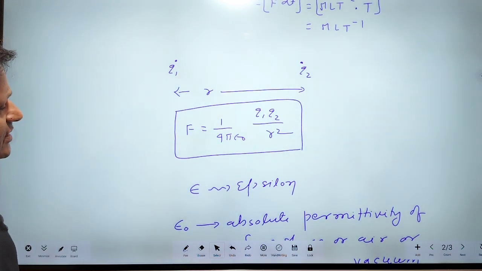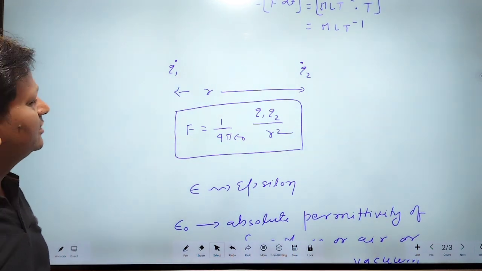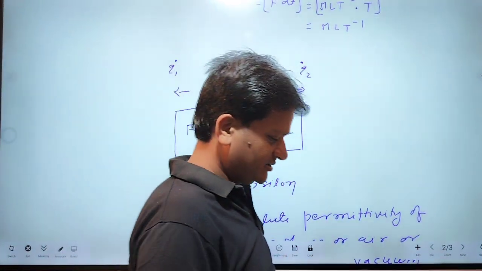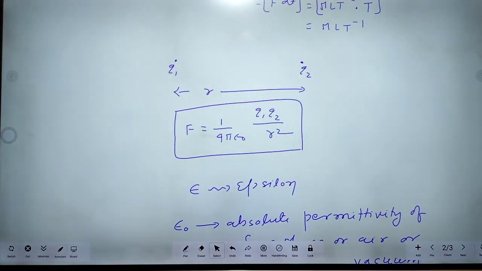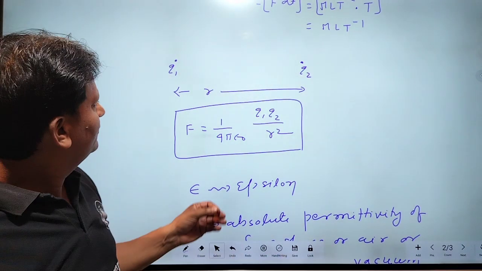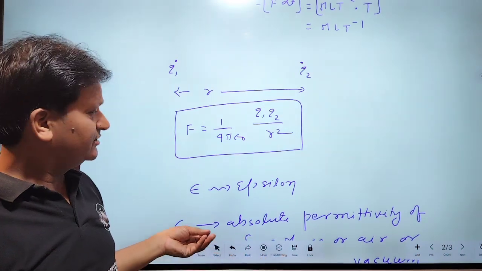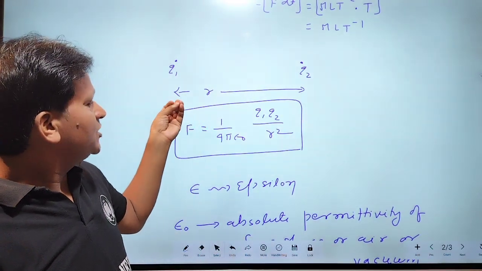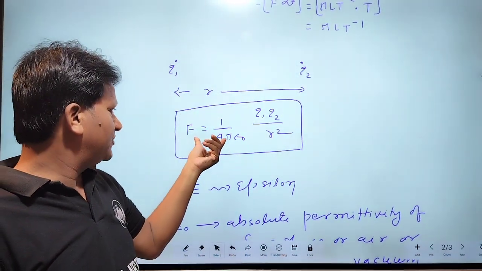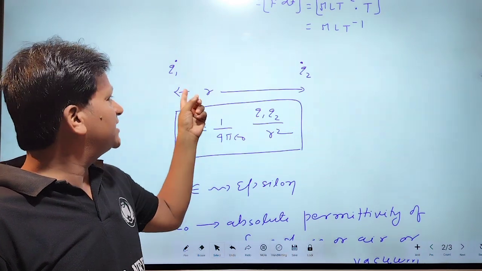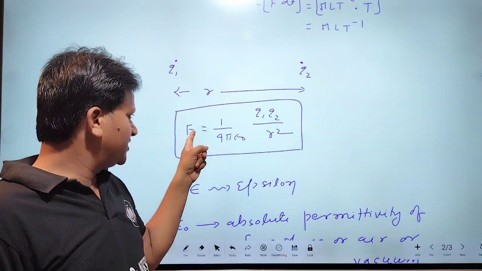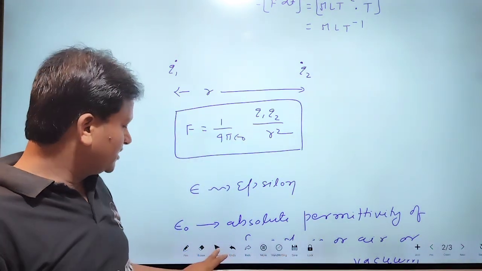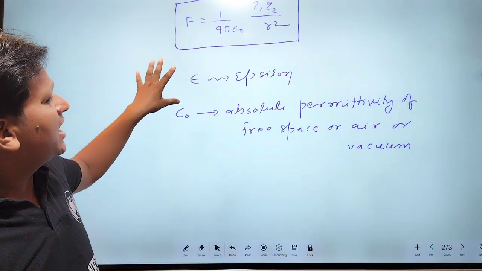You have already studied in previous classes, in 10th or 9th, about the force acting between any two point charges, which is F is equal to 1 upon 4 pi epsilon naught Q1 Q2 upon R square.